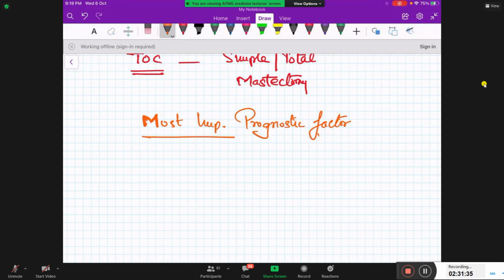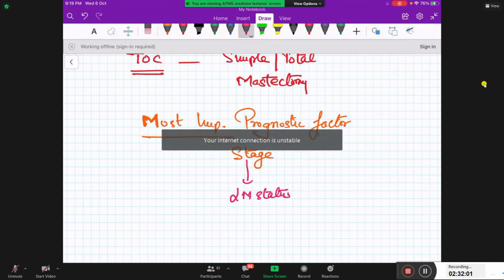Survival. So if I tell you one patient is stage 1, another patient is stage 2, stage 1 will have a better prognosis. So most important thing is stage. If the stage is not there in your choice, then the most important prognostic factor is lymph node status.